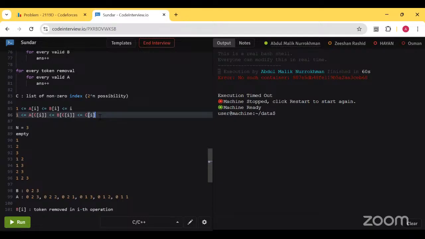Is it understood? Okay. Any question about this?